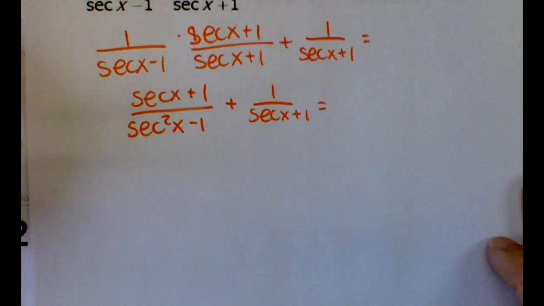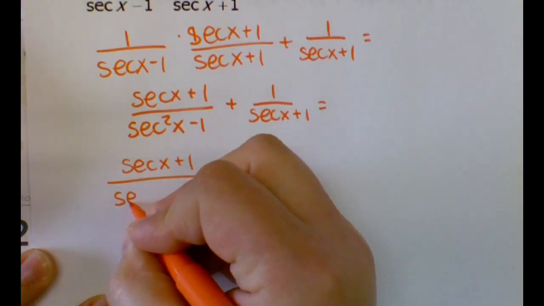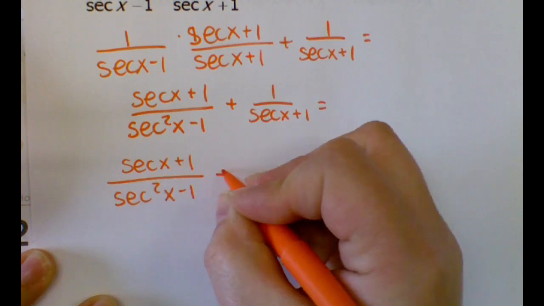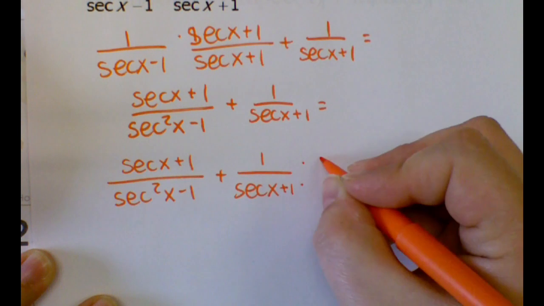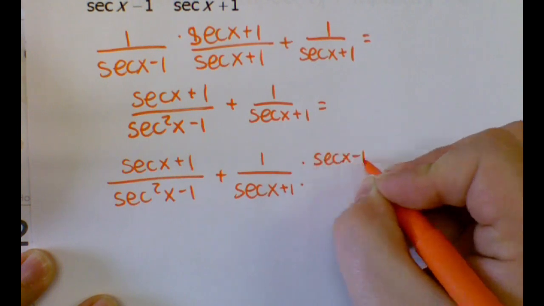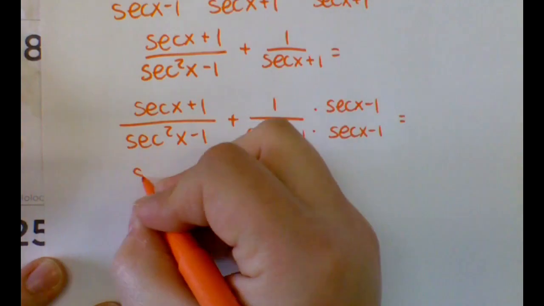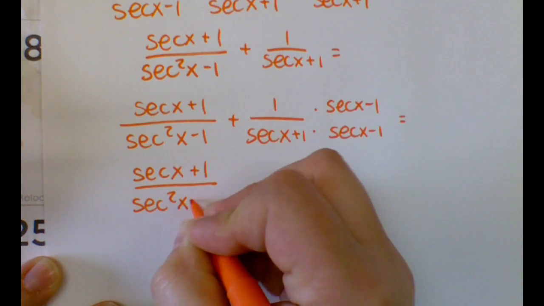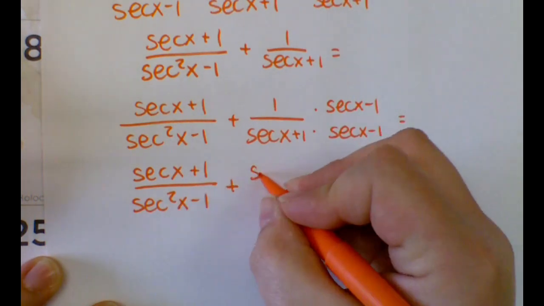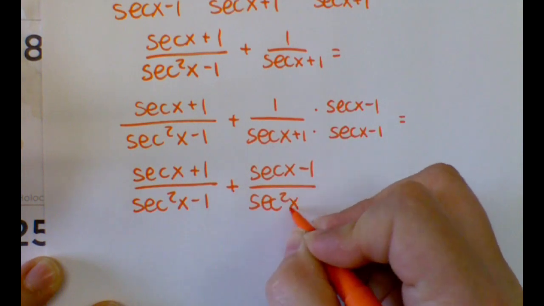And then same thing to the second fraction. Multiply by secant of x minus 1. So I get secant of x plus 1 over secant squared of x minus 1 plus secant of x minus 1 over secant squared of x minus 1.